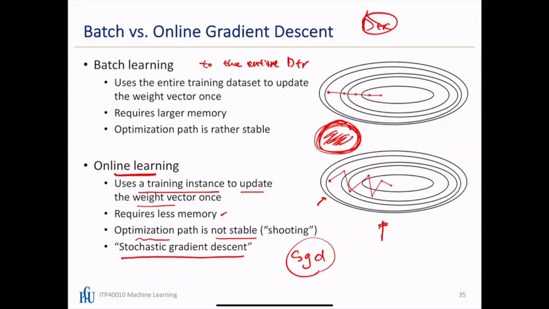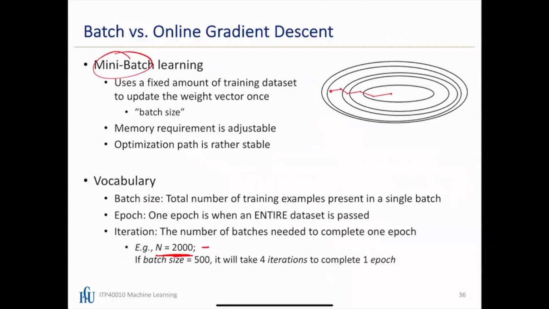And in online learning, you take one of the instances from DTR and update the W. We want to have some option in the middle. So you want to separate DTR into multiple groups. We call those multiple mini batches. For example, you have 2000 examples in DTR.